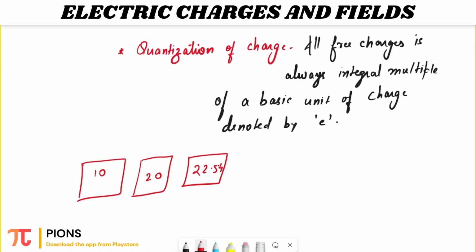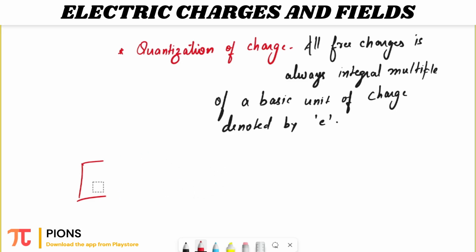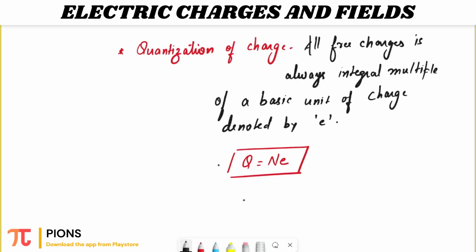The total charge is always an integral multiple of the electron charge, which means you can always have an integral number of electrons. You can't have fractions. You can have 5 electrons, 20 electrons, 30 electrons, 100 electrons, 500 or any number you can think of, but you can't have half of an electron, or 3/4 of an electron. So the total charge is always Q equal to ne, where n is an integer.